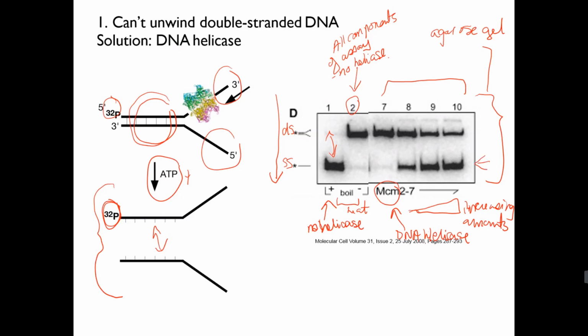And obviously the amount is more here than it is over here, at lower concentrations. So pretty nice assay, pretty simple. And this is essentially what was used to originally detect DNA helicase activity, and then subsequently used for different kinds of characterization of the many different helicases.